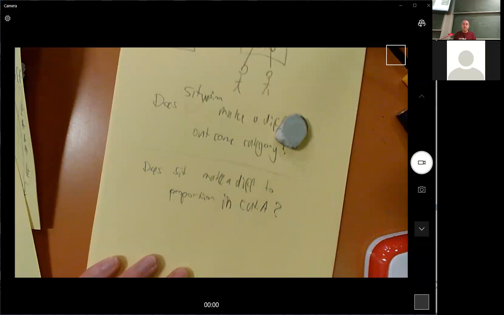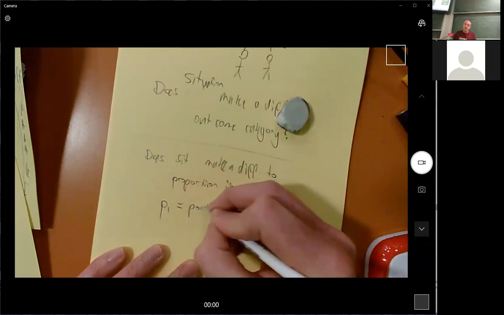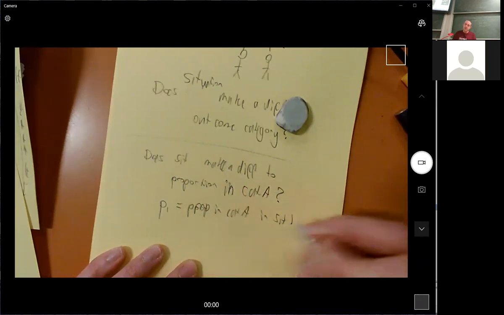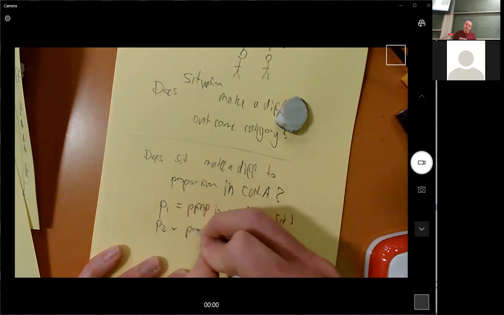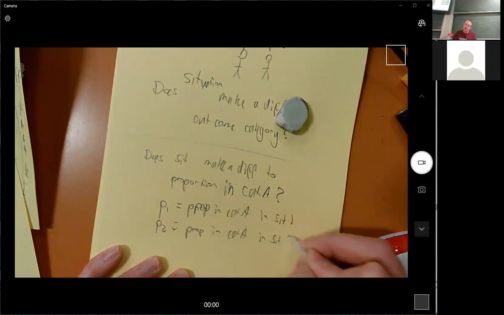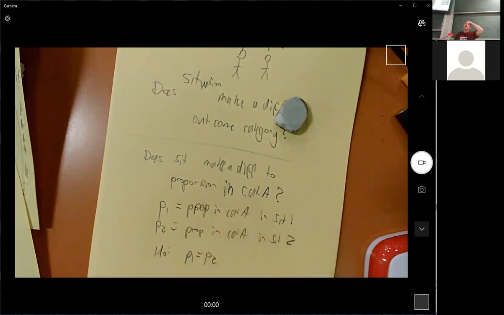And then you're saying that P1 is the proportion in category A in situation 1, and P2 is the proportion in category A in situation 2, and the null hypothesis is that the two proportions are equal to each other. This category usually doesn't look like it's two categories. It's usually just a yes.